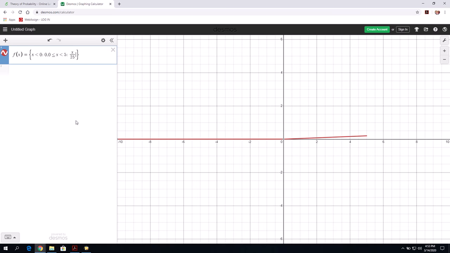Then if 5 was less than or equal to x, is less than 10, it was 2/5 minus x over 25. You can kind of watch the graph evolving as I'm typing things in.